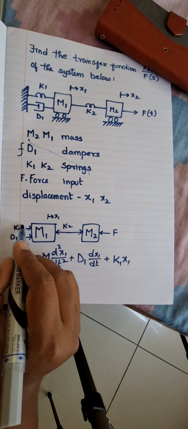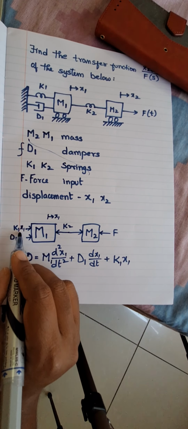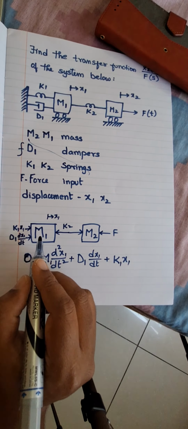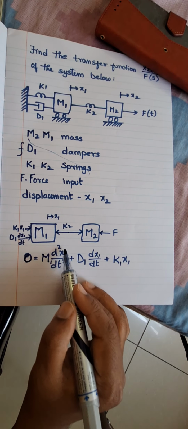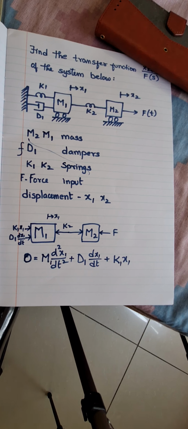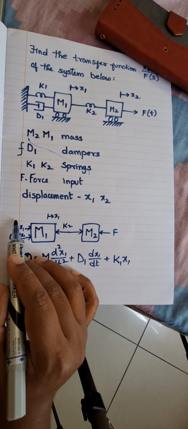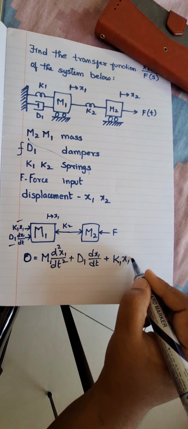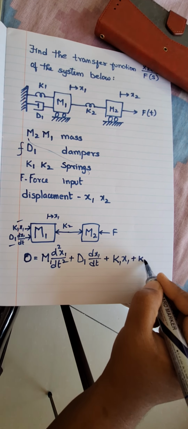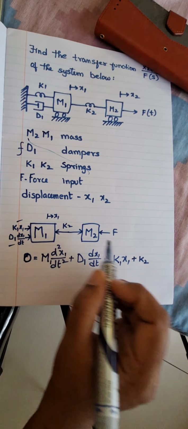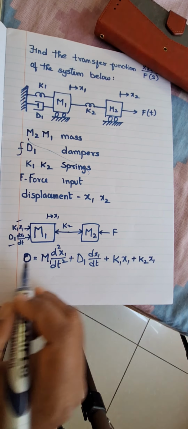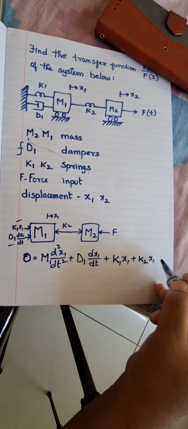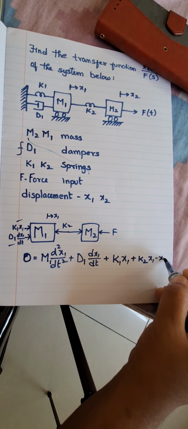So m1 d square x1 by dt square, d1 dx1 by dt, k1 x1. One done, two done, three: K2 is there. So plus K2. K2 is experiencing x1, but remember K2 is in connection with M1 and M2, so I will write it as x1 minus x2.